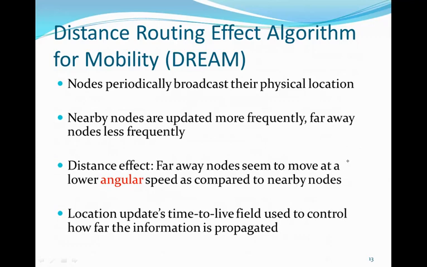And you can also take the example of an aeroplane, that the farther the aeroplane is from a human being, the slower it seems that the angle with the human being is changing. For example, this is a human, and here is an aeroplane moving in this direction.